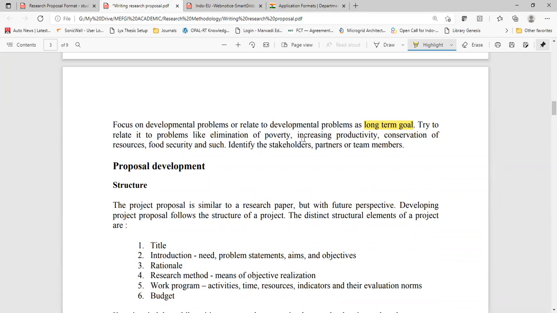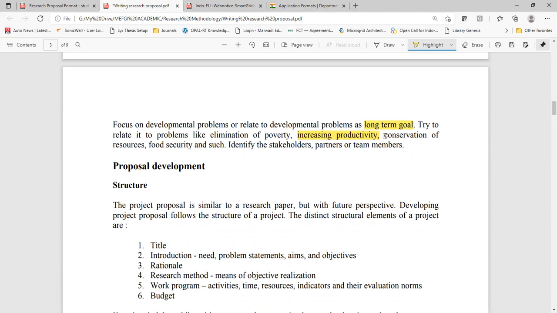Because this is the government, right? Their ultimate objective will be to strengthen the country, to strengthen the society. So then you need to relate your project proposal to fundamental problems. Increasing productivity, of course, and as an engineer, you can say that if I do this, then productivity will be increased.